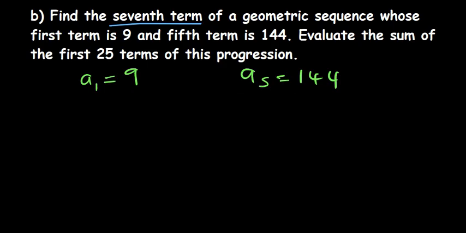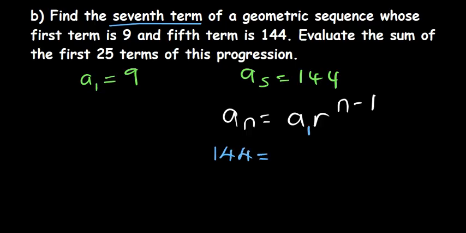So let's make the most of the fifth term. The formula for the nth term of a geometric sequence is a subscript n is equal to a r to the power n minus 1. We are told the fifth term is 144. This a1 is 9. Our r is what we're trying to find, and our n is 5, so 5 minus 1. So we end up with 144 equals 9 times r to the power 4.